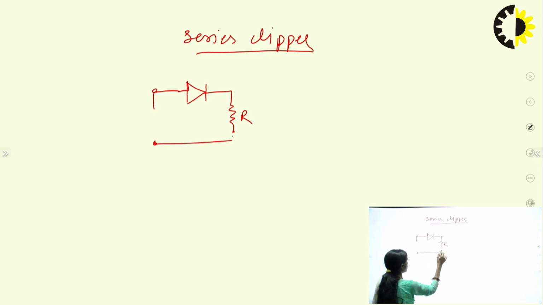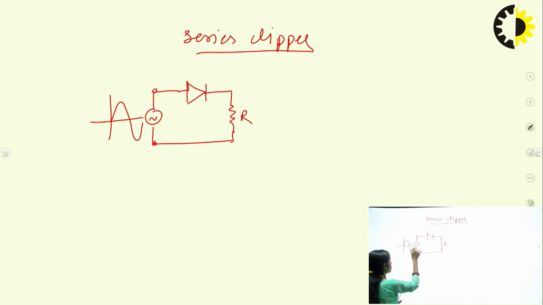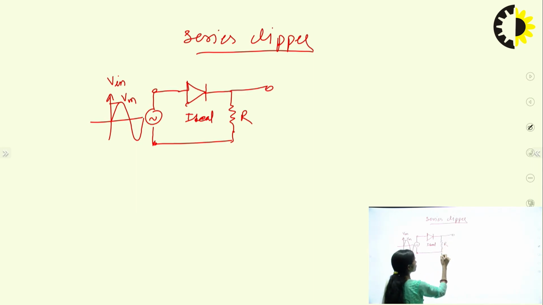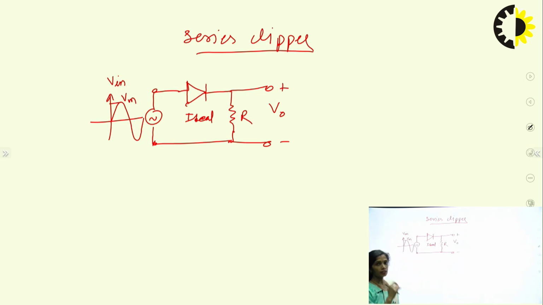I am going to give the AC input signal Vin having the peak amplitude Vm, and I have taken this diode as an ideal diode. I will take the output Vout across the load resistance RL.